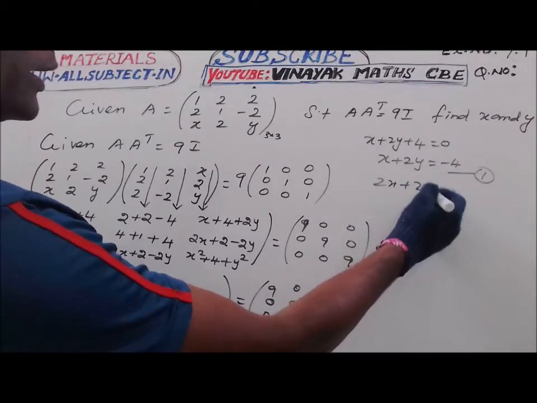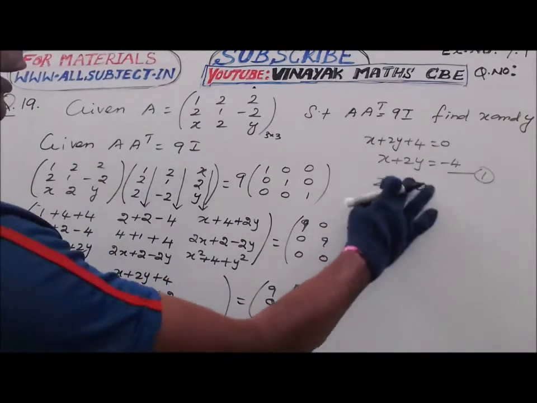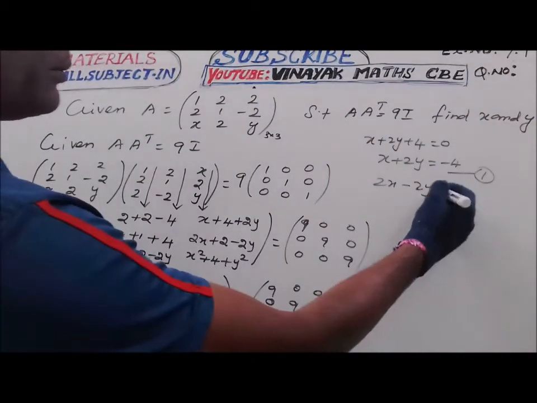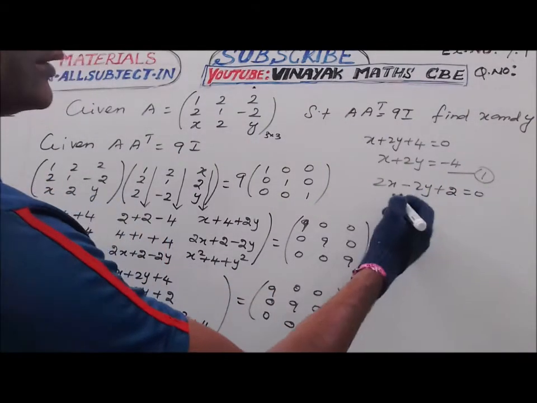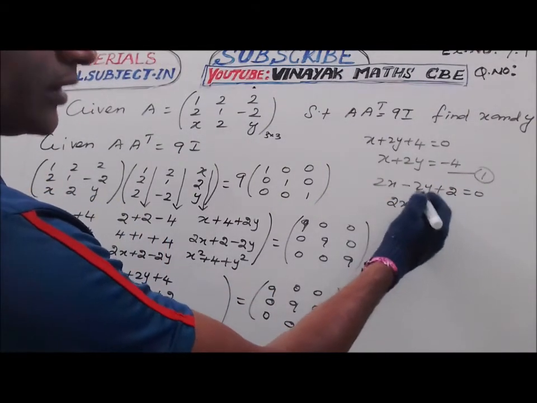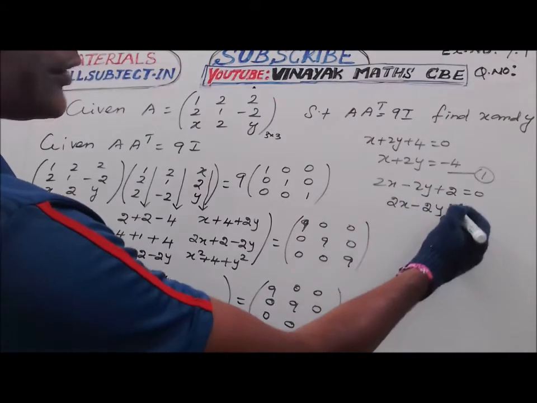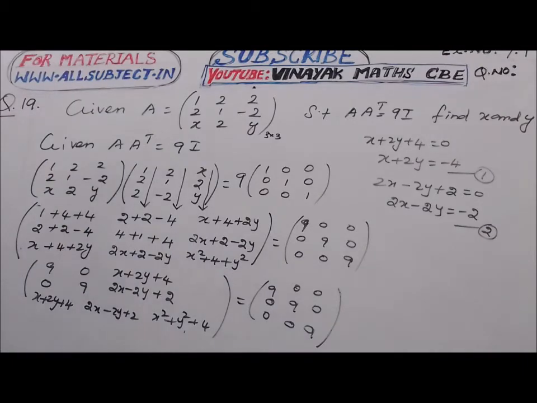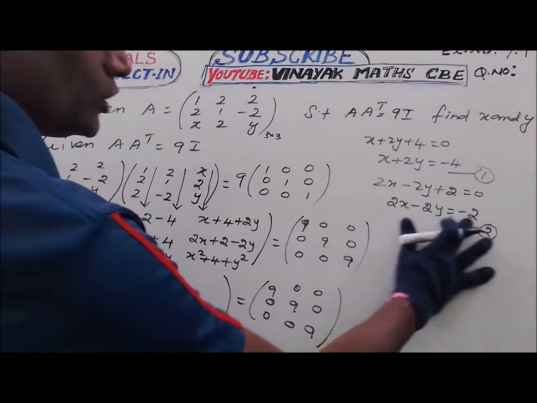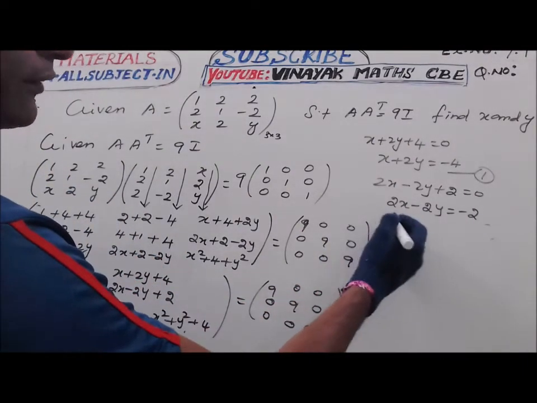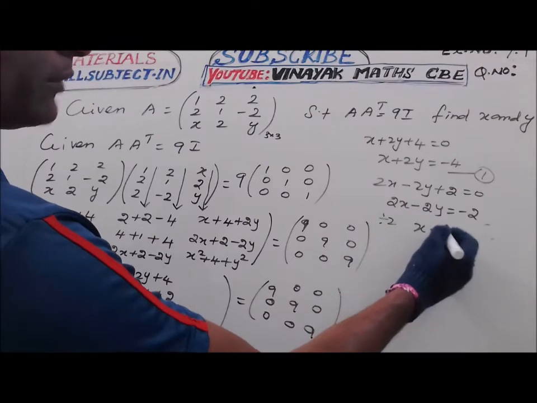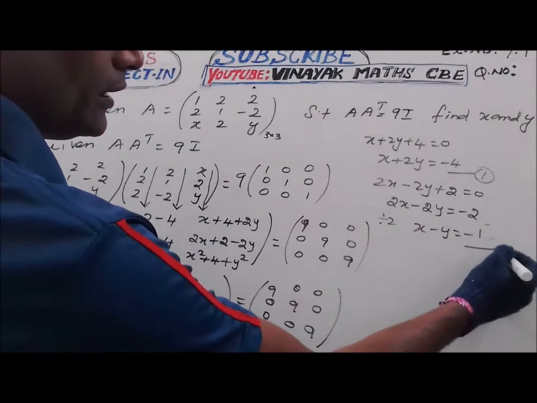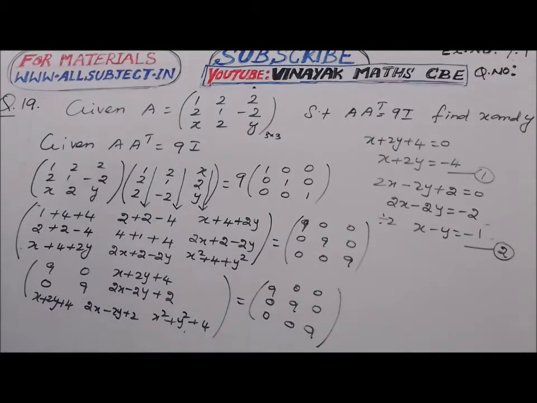Simplifying, 2x minus 2y equal to minus 2, this is equation number 2. Now we can divide it by 2, then x minus y equal to minus 1.